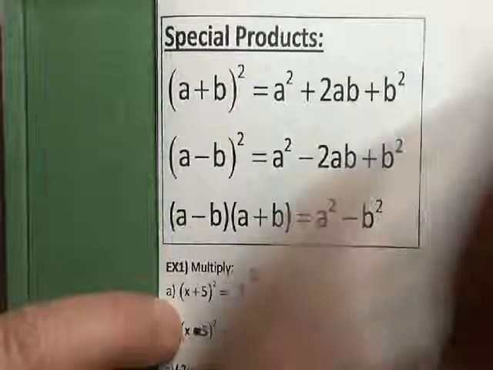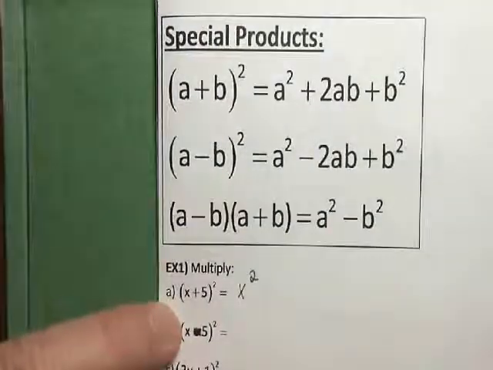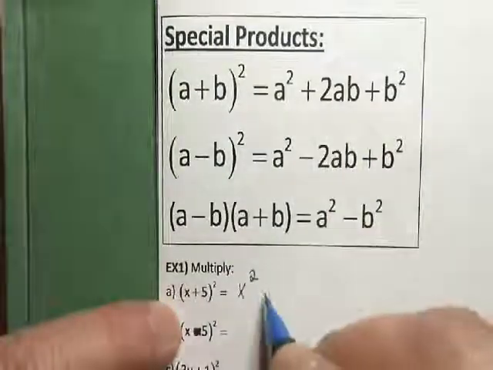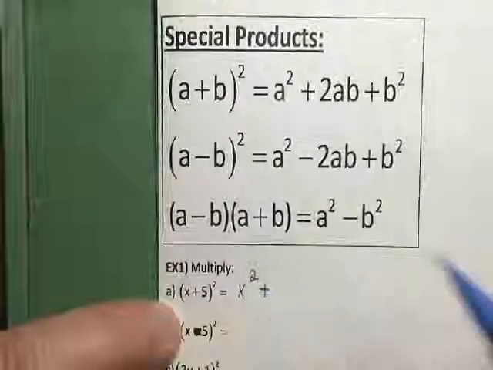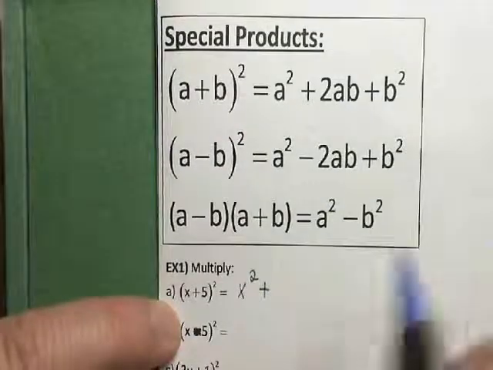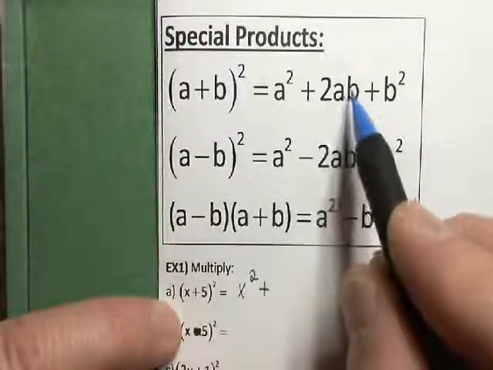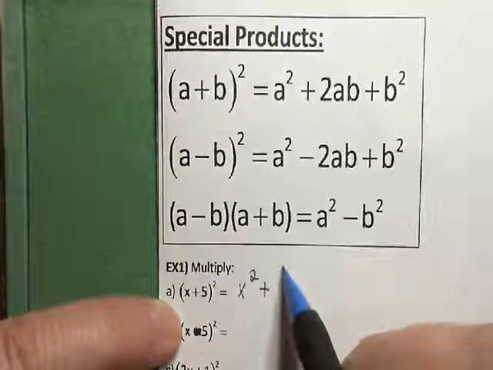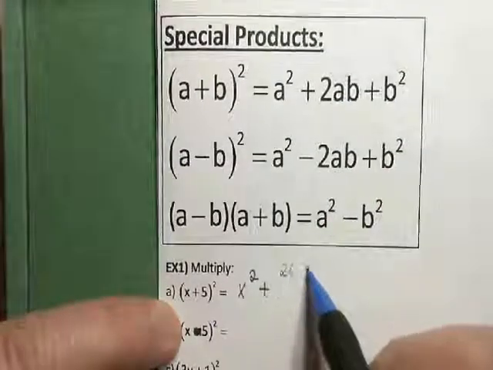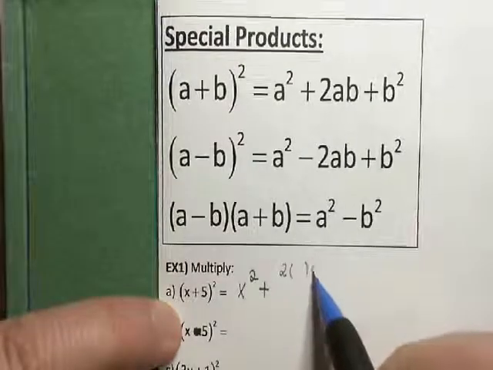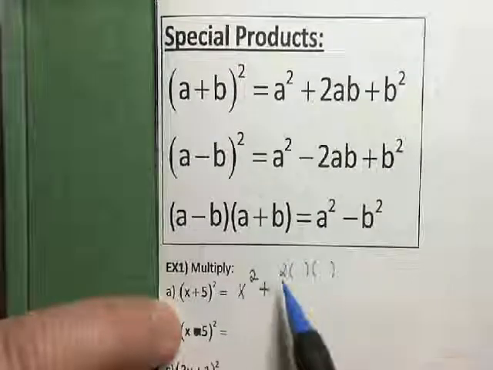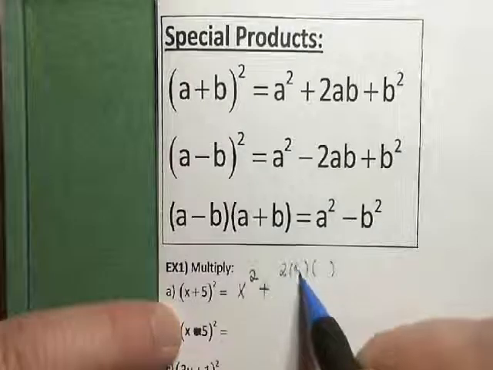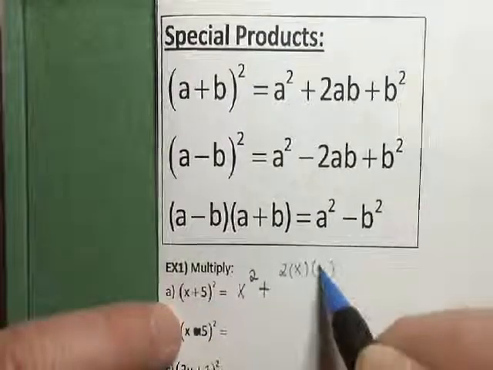So I'm going to square it. X squared. Then the formula tells us to put a plus, so let's put a plus. In the back of our minds, we're doing 2 times the first times the second. So I'm going to write it really lightly over here. You can do this in your head too. So 2 times the first, which happens to be x, and the second happens to be 5.